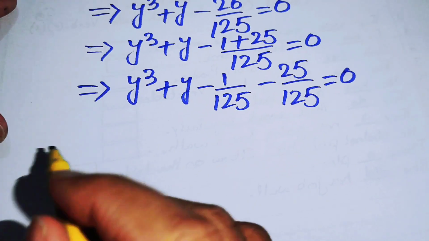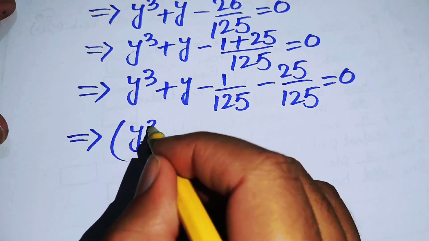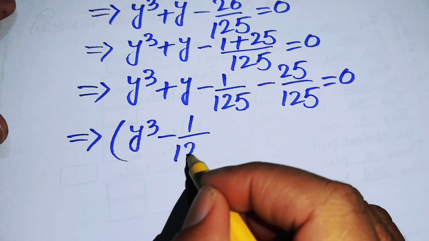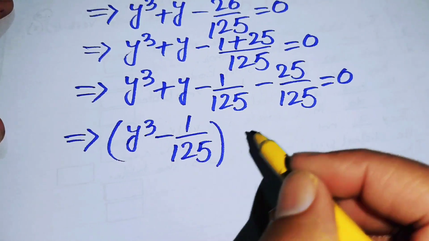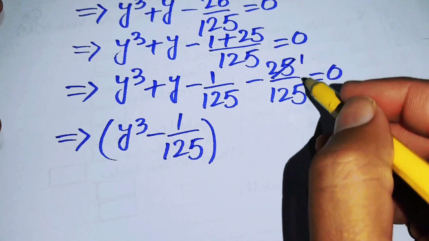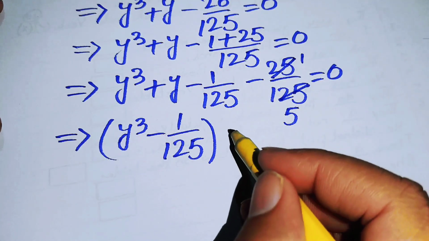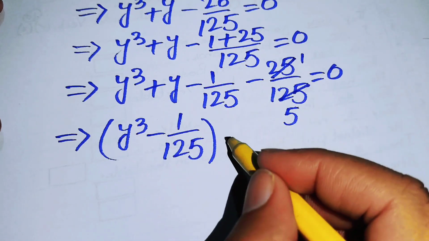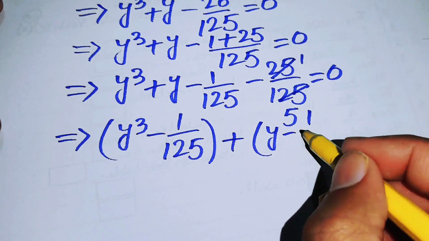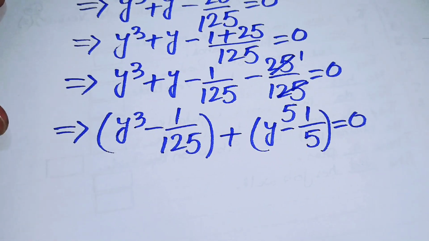After this step we will rearrange the terms, and we write y cubed minus 1 over 125, and we will cancel these terms and you have 1 over 5, because 25 fives are 125, and we will combine this y and 1 over 5, and write y minus 1 over 5, and this whole equation equals 0.